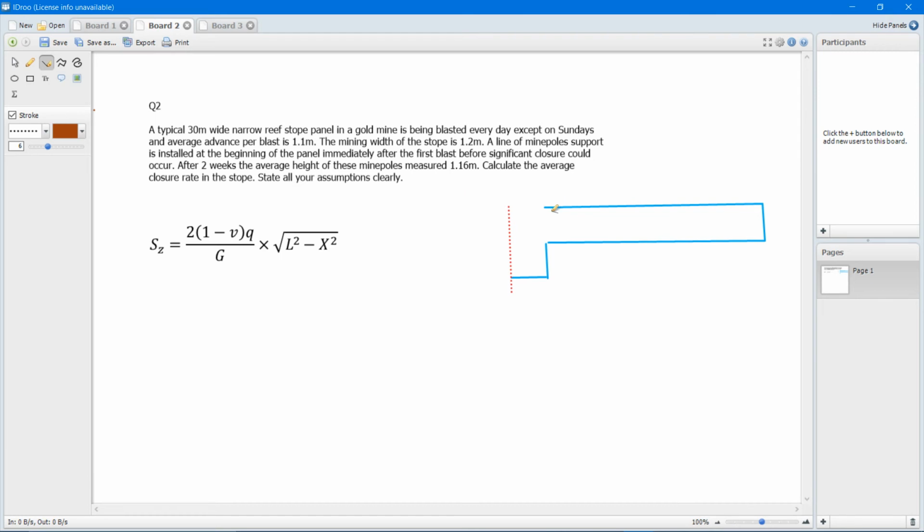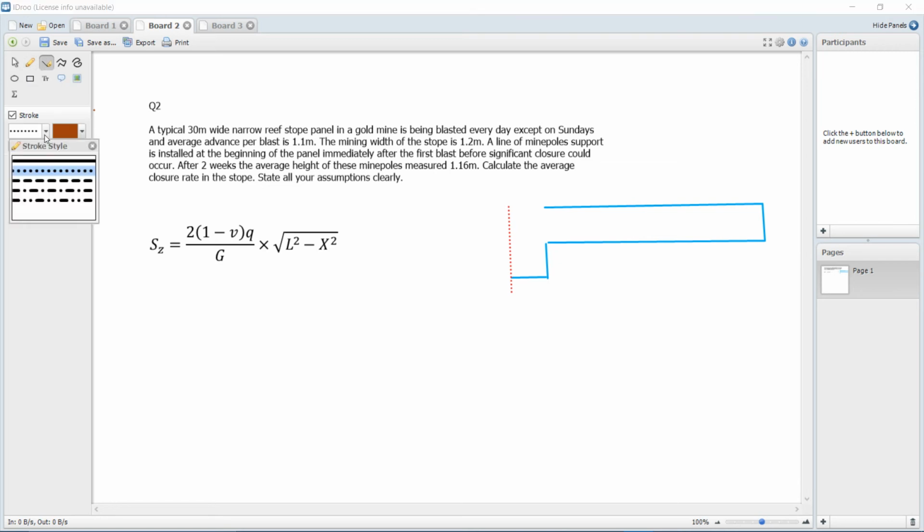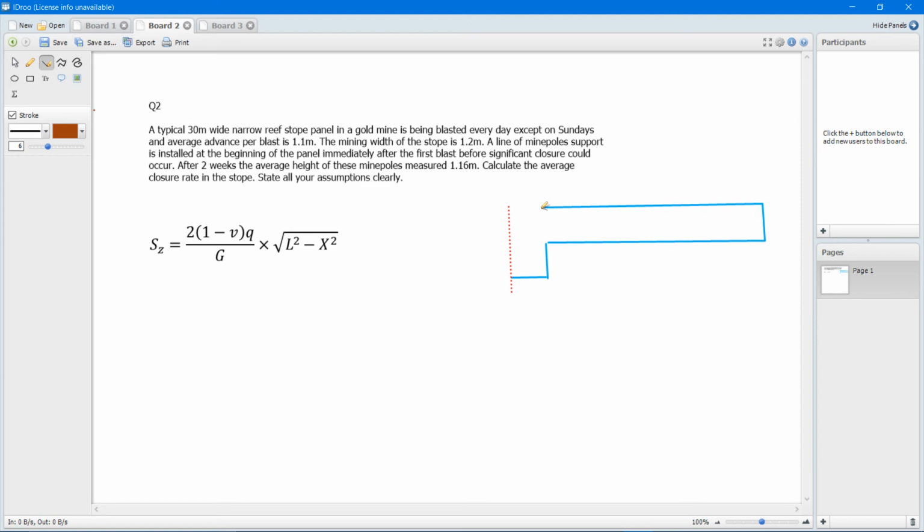So we have mine poles right here. Oh, sorry about that. Let me not use a dotted line. Let's use a complete stroke right there.